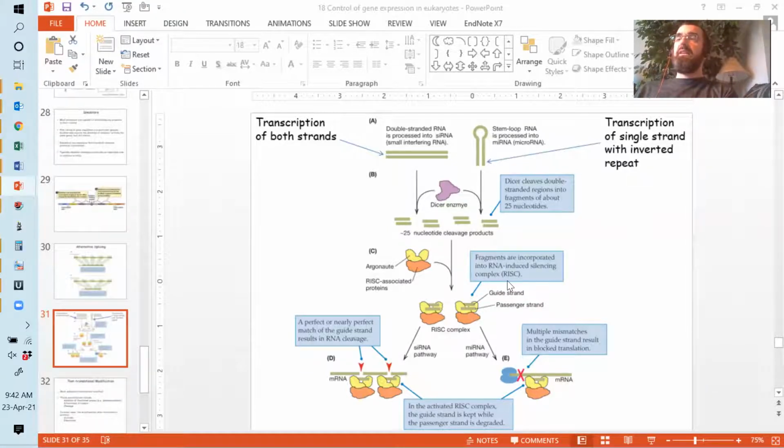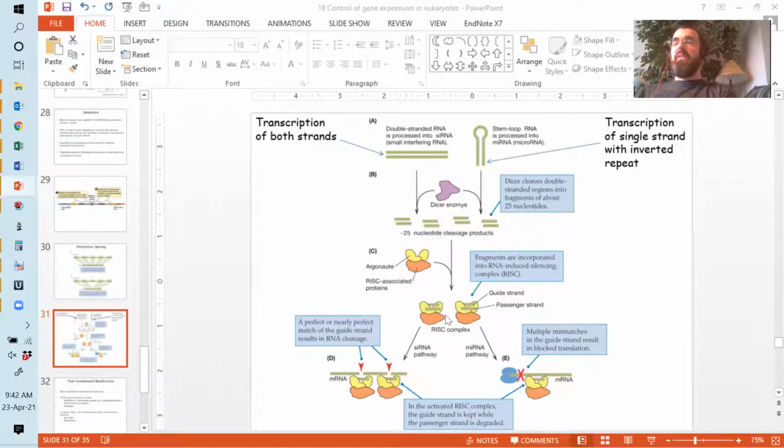The first thing that it does is it chews up the non-complementary strand. So we've got two strands in this double-stranded little RNA chunk, but only one of those strands will bind to its complementary strand in its target mRNA. So the other one, you want to get rid of, because you need single-stranded RNA to bind to another piece of single-stranded RNA. So you've got to get rid of one of those strands.